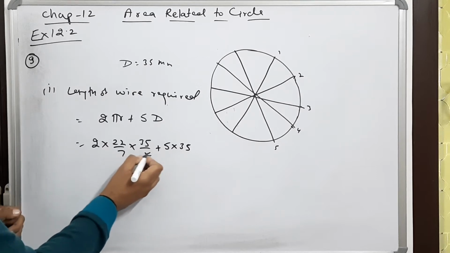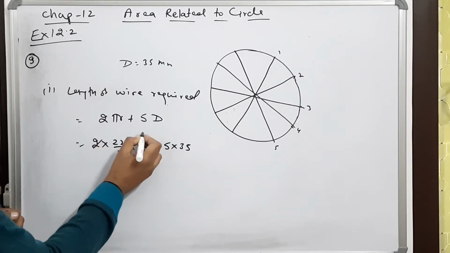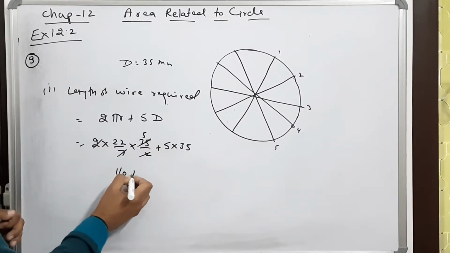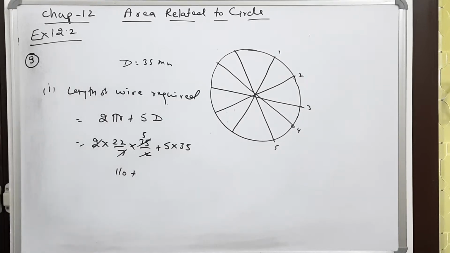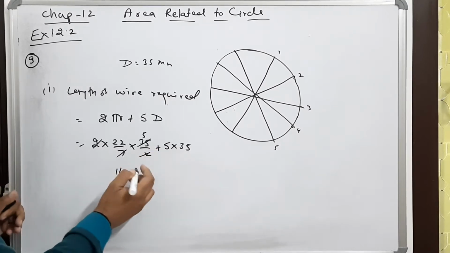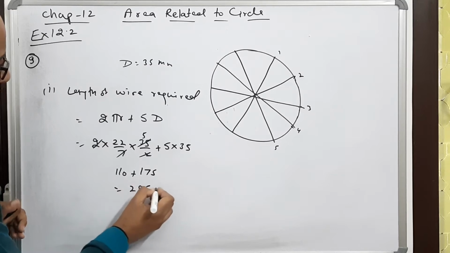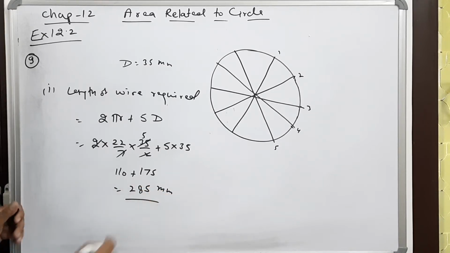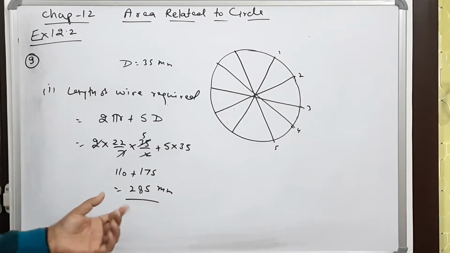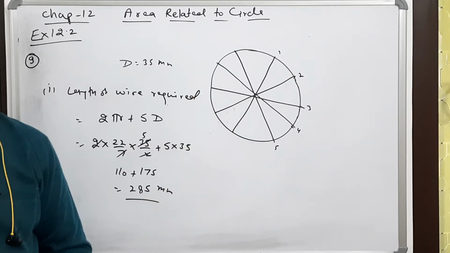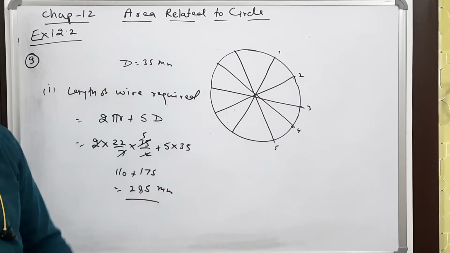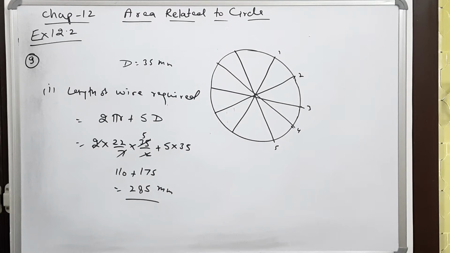So here this is cancelled and this is 5 times. So 110, and 35 into 70. 35 into 5 will be 175. So the total answer is 285 millimeter. The unit is very important here. So 285 mm will be the length of the wire required to make this structure.